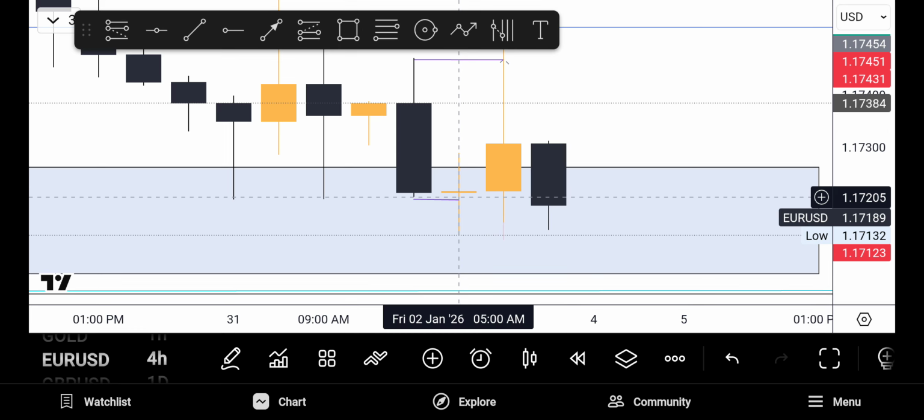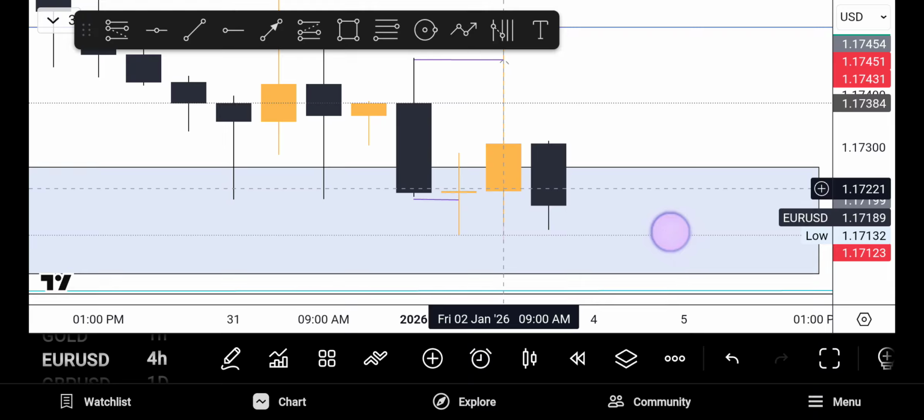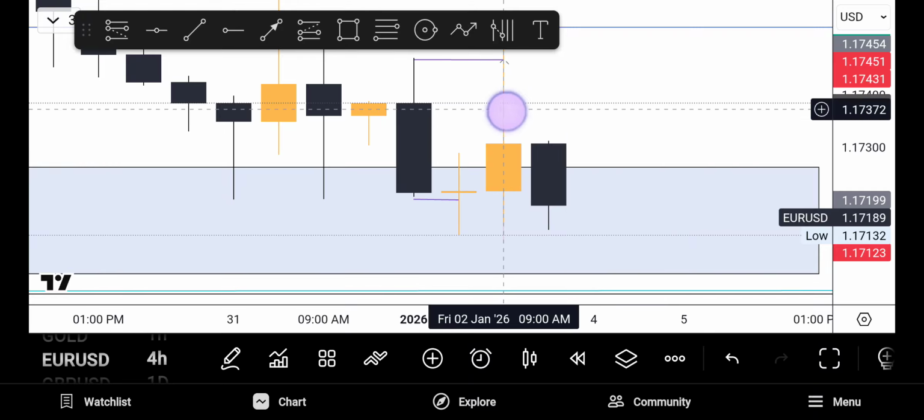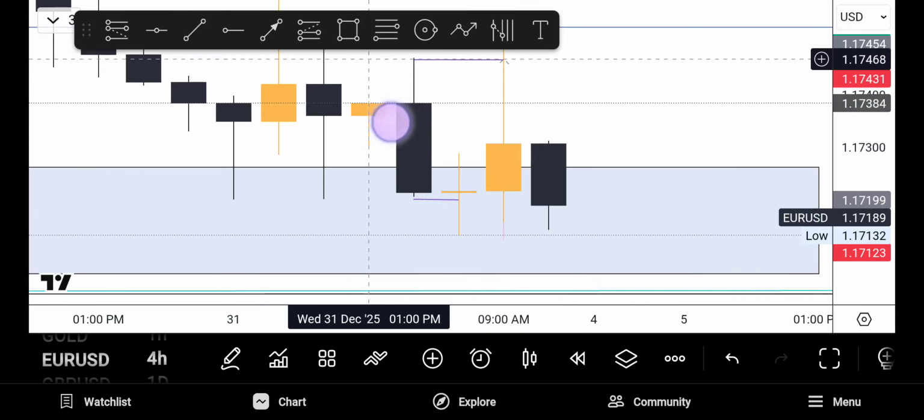You make sure the candle closes in that range, which means you create a sweep. After the sweep, you close back in the range of the previous candle. Now once that happens, the next candle is expected to move to the high of the range of the candle that formed. I created the range.